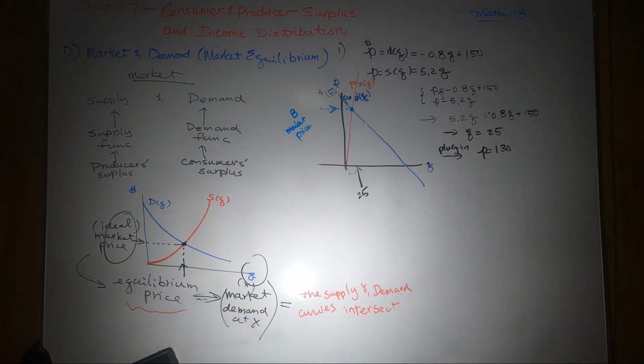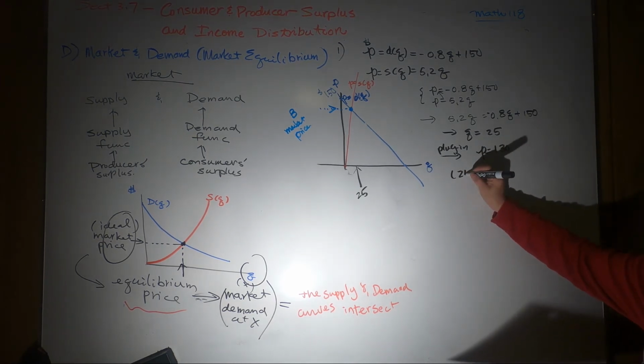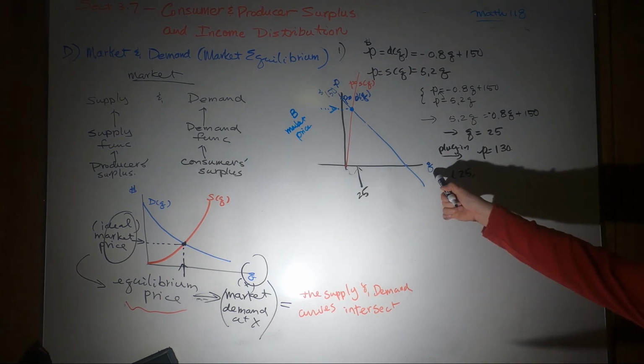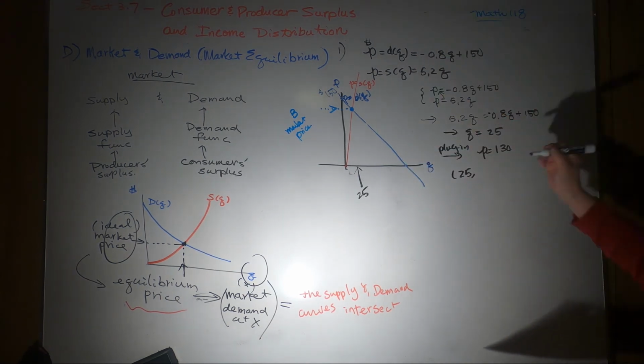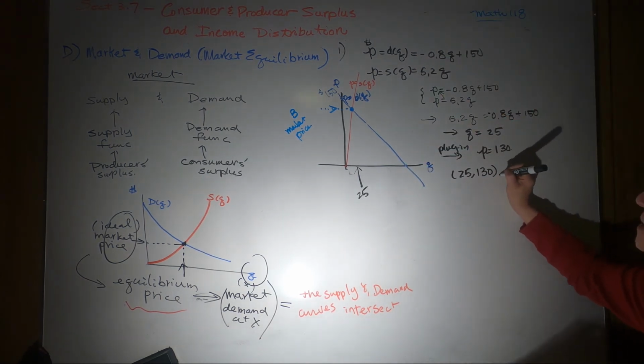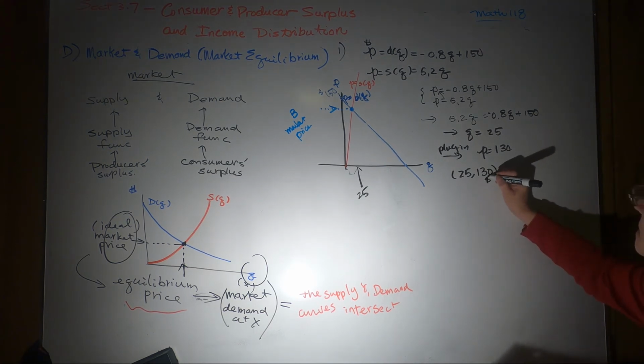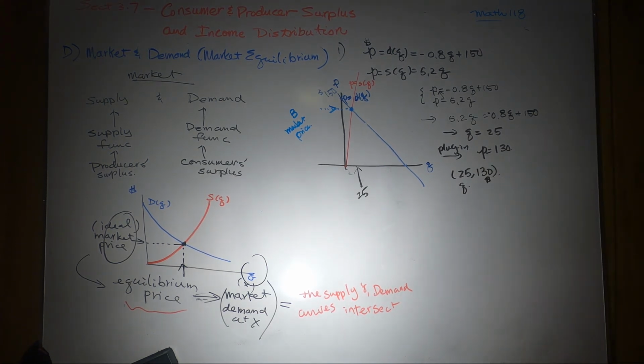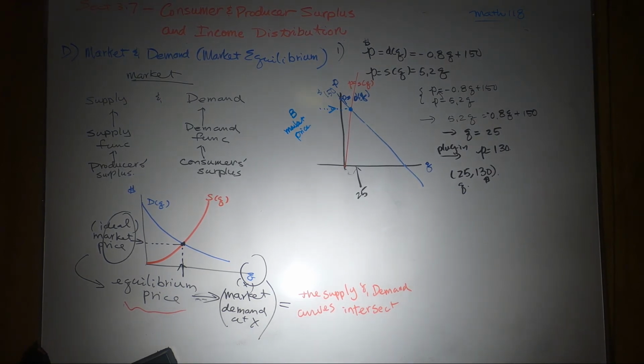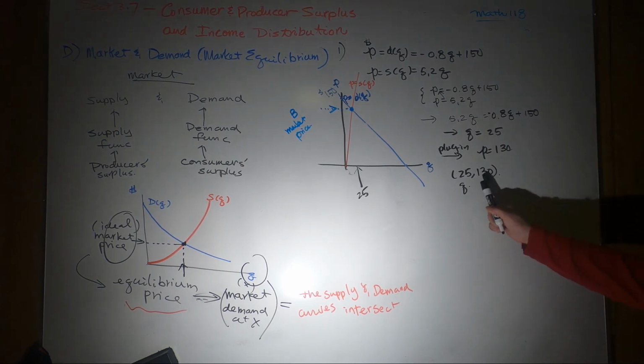The product sells at 25 quantity, where Q is your X and P is your Y, right? Then $130. This would be your balance point. So at your equilibrium point, the demand is 25 units at $130 each.